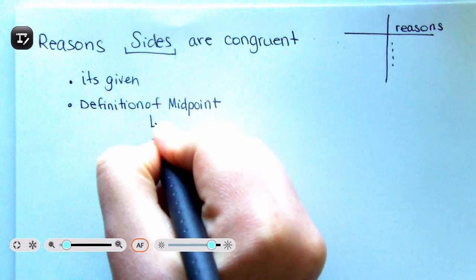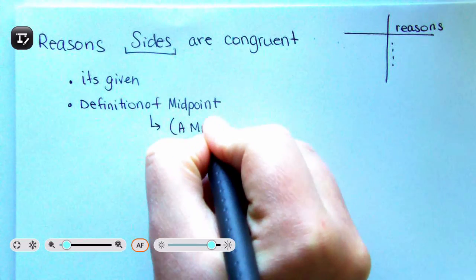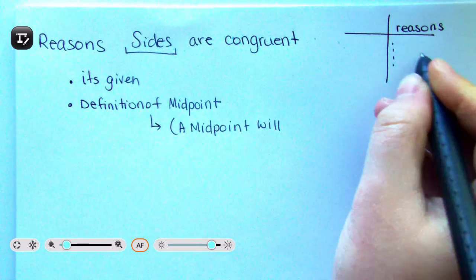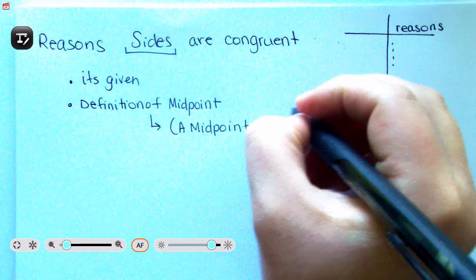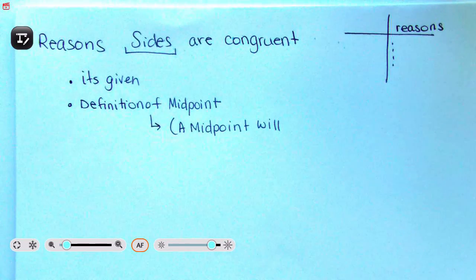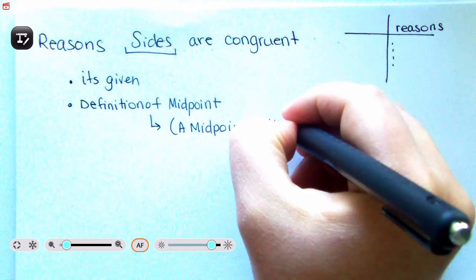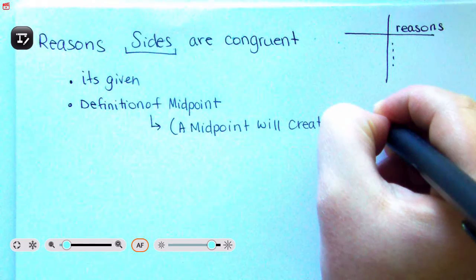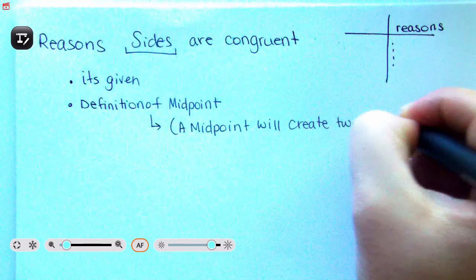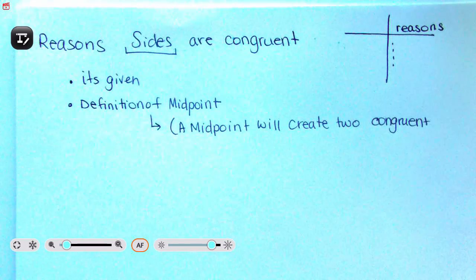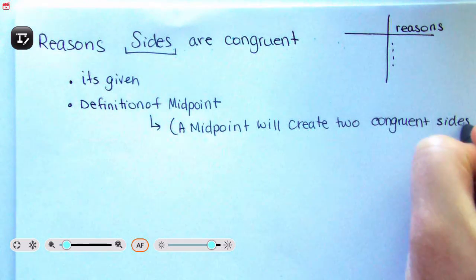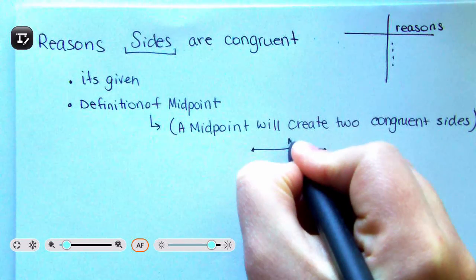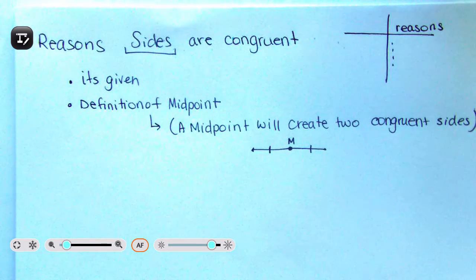So what this means is a midpoint will create, you don't have to write this in your reasons, you're just going to write definition of midpoint, but for you to know what it means, a midpoint will create two congruent sides. So if you recall, if this is the midpoint, this side and this side are congruent.